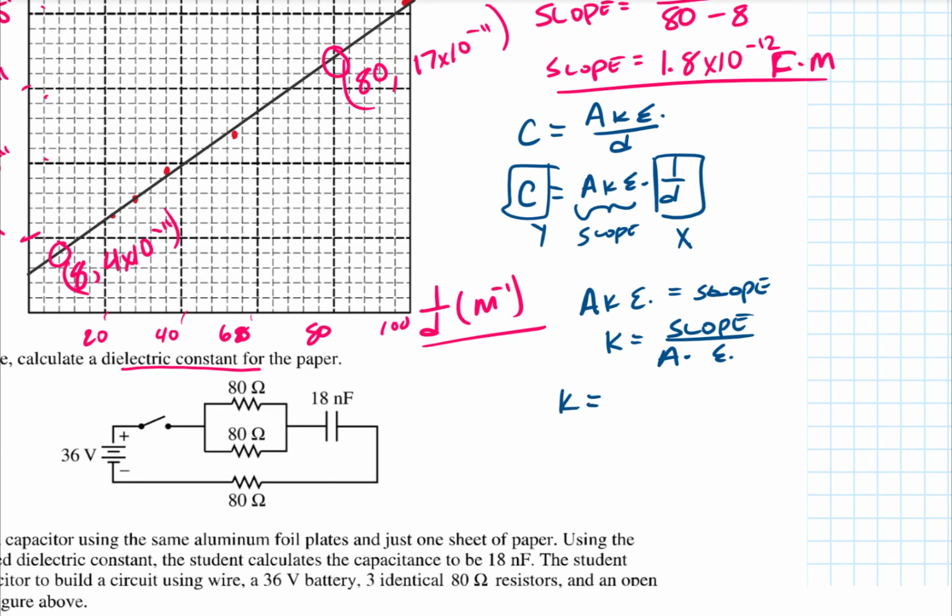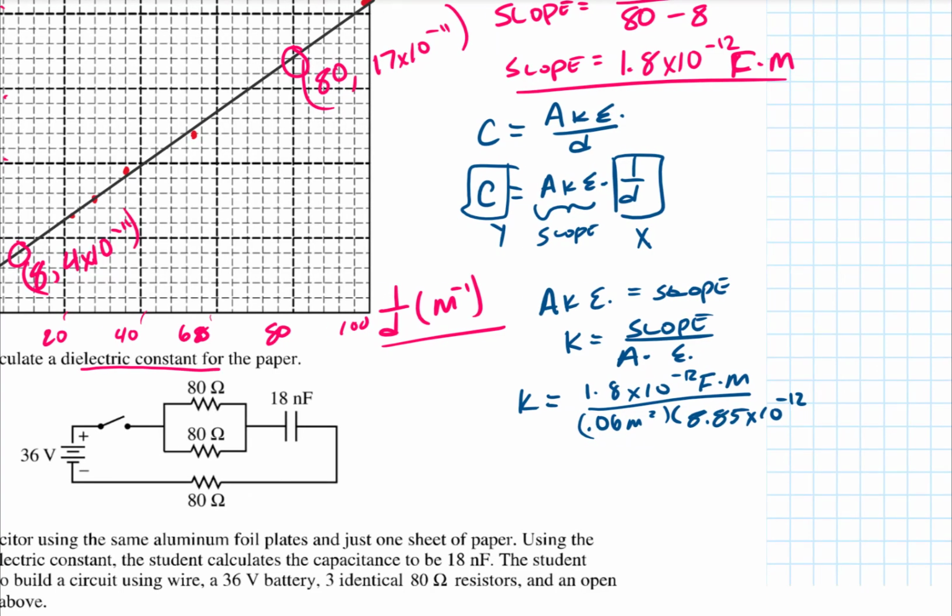And so we have a value for slope. Kappa is going to equal 1.8 times 10 to the negative 12th farads per meter over the area, 0.06 meters squared, times epsilon naught, and that's on the formula chart, 8.85 times 10 to the negative 12th, and then all of the units on that are coulombs squared per Newton meters squared.